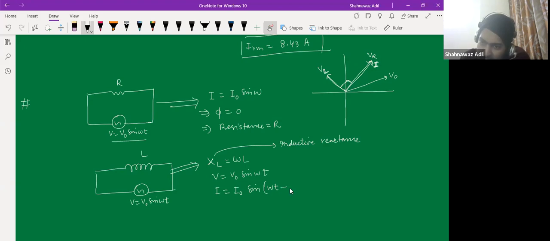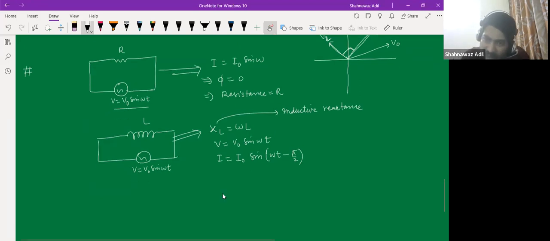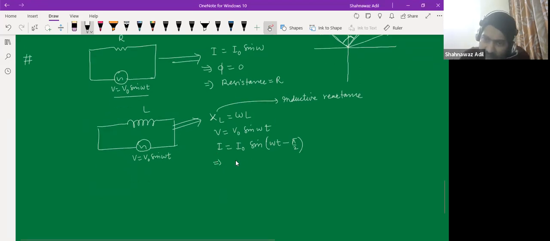So current is lagging by pi by 2, so minus pi by 2. So this would be the current in the case of this inductor, and this is the inductive reactance. So we have a phase difference of pi by 2.